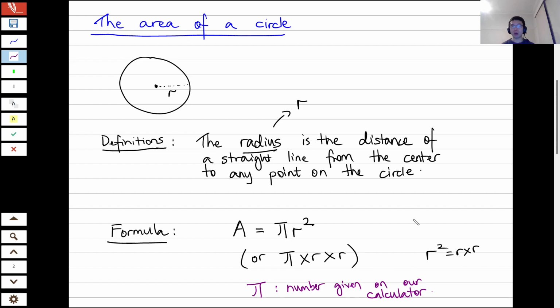If you want to know more about the story of pi, feel free to ask me about it in class and I can point you to some good reading and where this formula, area equals pi r squared, comes from. Because we just want to use it to do calculations, but I'm sure some of you are interested in the story behind this.